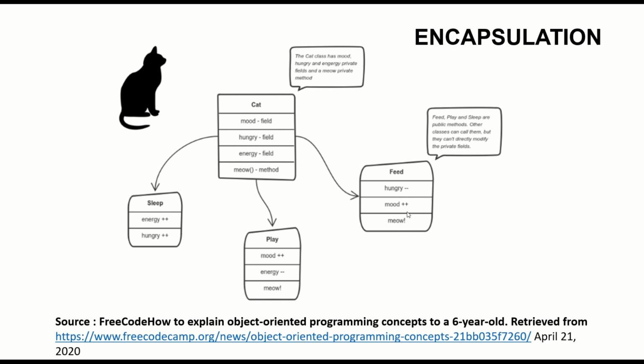As you can see, the meow here is invoked, but what's the difference? These particular methods can be accessed by other classes, but they cannot directly access and modify the private fields.